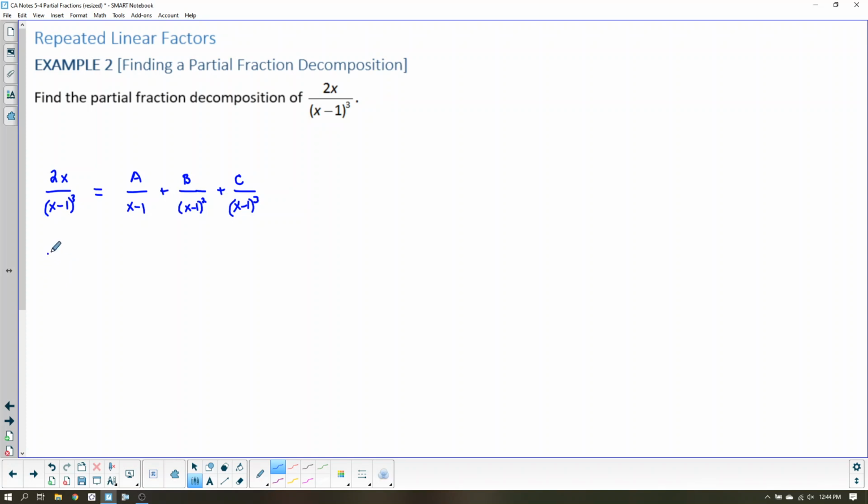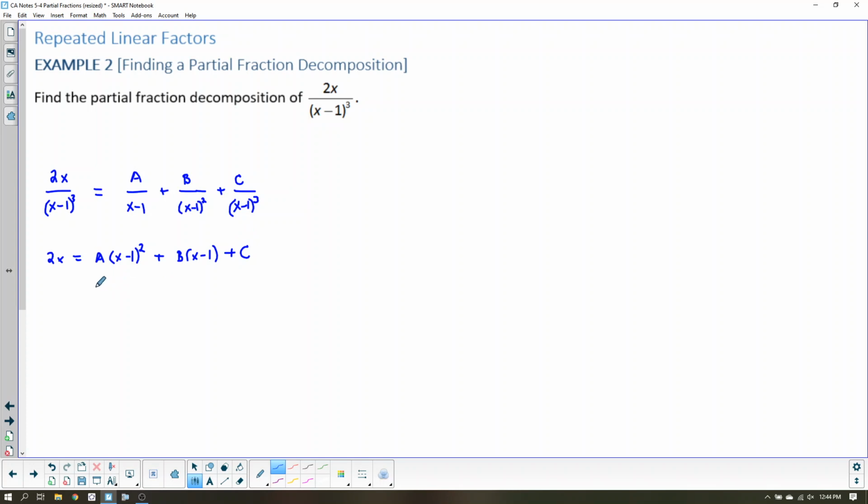So what we will get is 2x, and then when you multiply this by the x minus 1 cubed, one of the factors will cancel. So that's what would be left. This multiplied by this fraction cancels one of those factors, but leaves a square on the top. Then middle one, and then the final one, it all cancels. You just get c there.